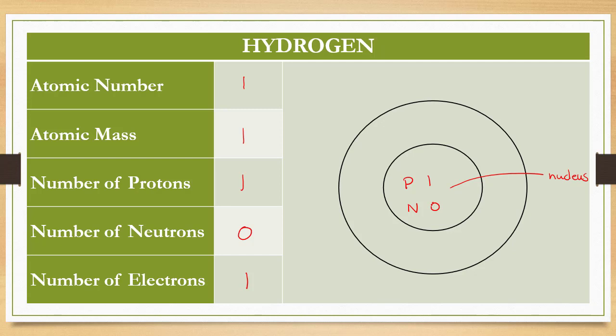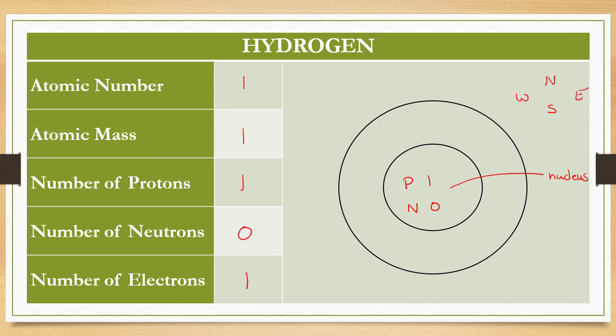Okay, so we've taken care of our nucleus. Now we've got to draw in our electrons. And when we draw our electrons on a Bohr model or Bohr diagram, they are represented with a dot. Now, because hydrogen only has 1 electron, you can essentially put that electron anywhere. But there is a pattern to drawing electrons in its electron shells, and we use the directions on a compass to kind of help us. So we've got north, south, west, and east.